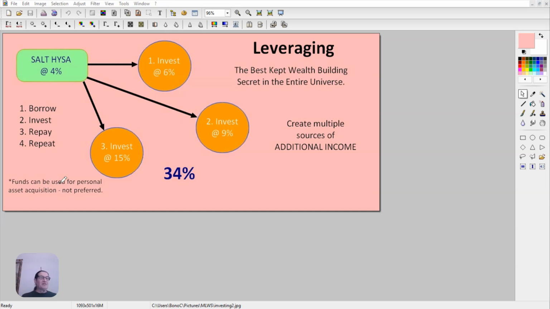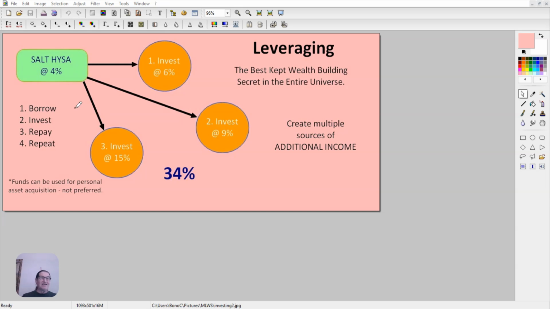The only stipulation when you do this for personal assets is that you borrow at an interest rate as low as you can possibly get it, preferably less than what the HISA is paying you. So that's it. So what is the proper way of pulling money out of your HISA and putting it elsewhere to earn additional income? Well, like I said, you borrow it.